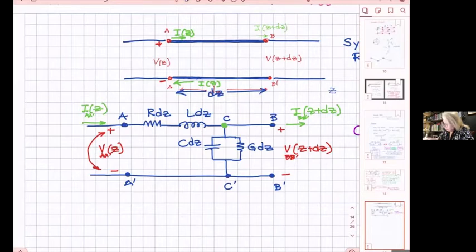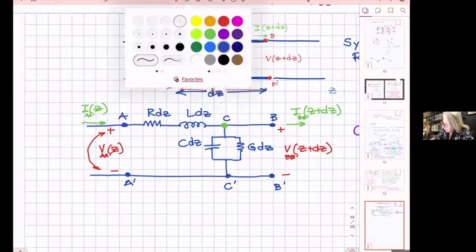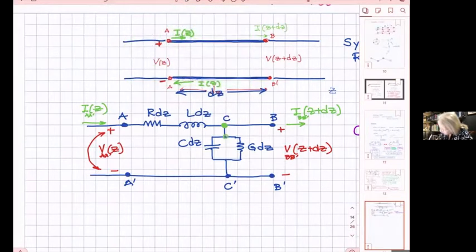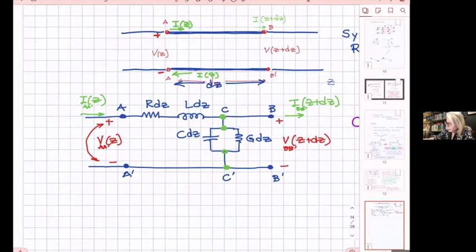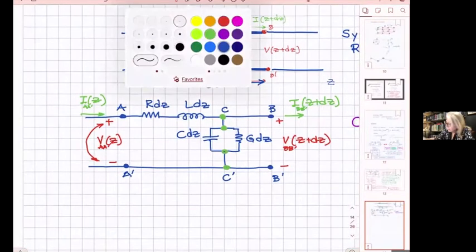And then we have Kirchhoff's laws applied to C, or equivalently to this node, and to this node, which is C prime, or this one. All right, these nodes are connected. So here is what I'm writing. What do I know from Kirchhoff's laws?